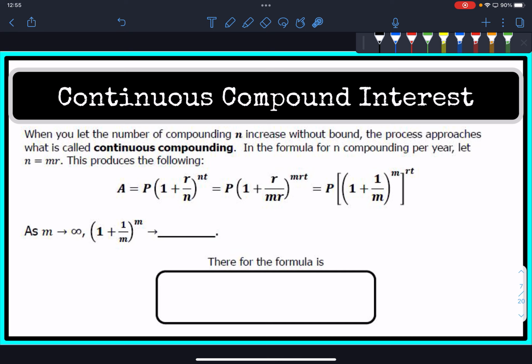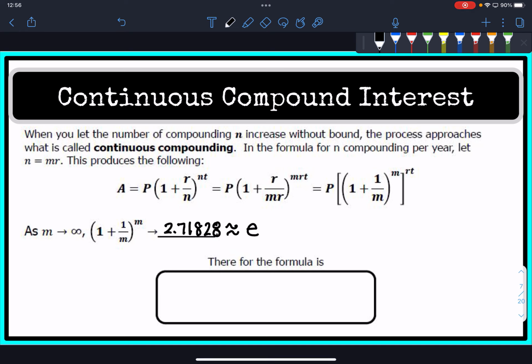Well, look what happens when I let m get very, very big, again meaning I'm compounding an unlimited number of times. If I make m a very, very big number, I'm going to see that this value gets closer and closer to 2.71828, which is approximately Euler's number e.